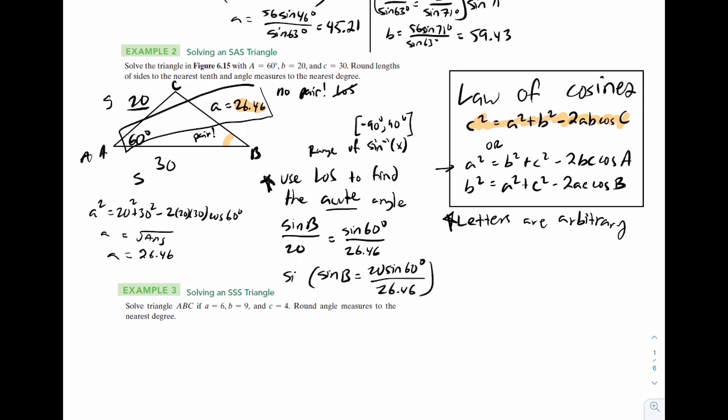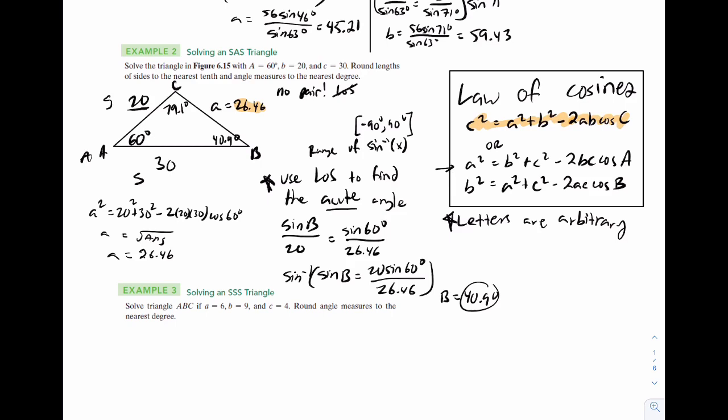Let's inverse this thing. You plug in your calculator and you're going to get angle B is 40.9. So let's just fill that in, and now we're pretty much done. This is 40.9, which means the last angle has to be 79.1.